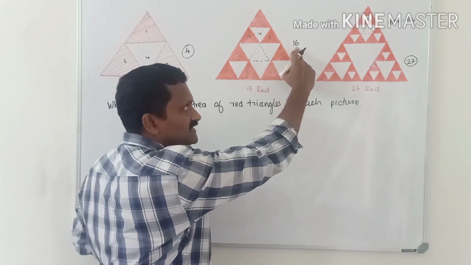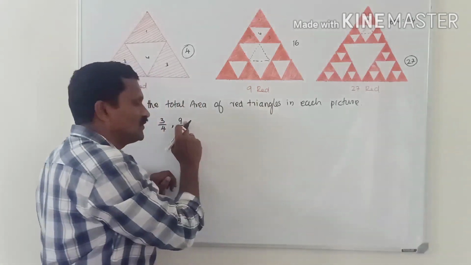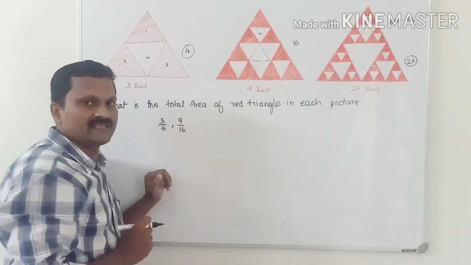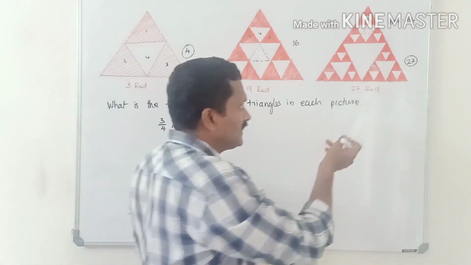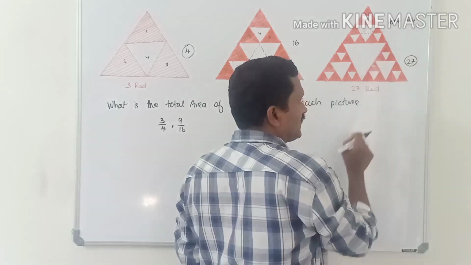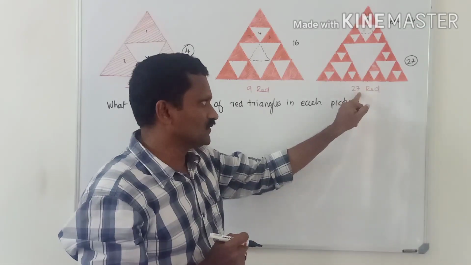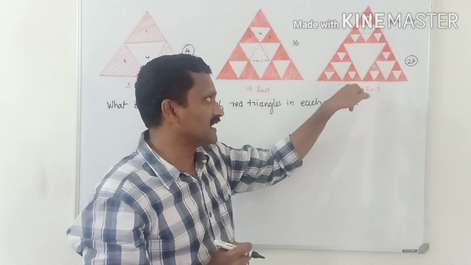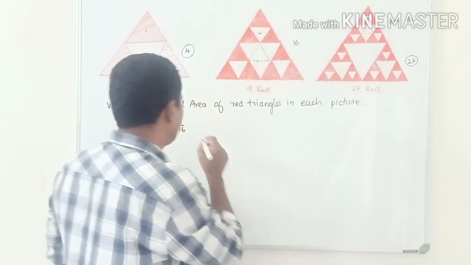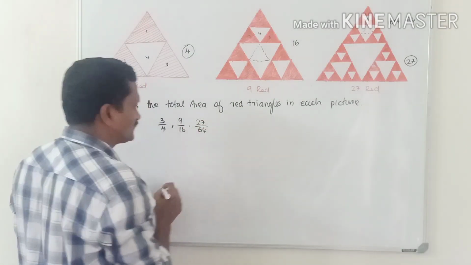In the third figure, there are 64 triangles in total. Among these, 27 are red. Therefore, the area of red triangles is 27 by 64.